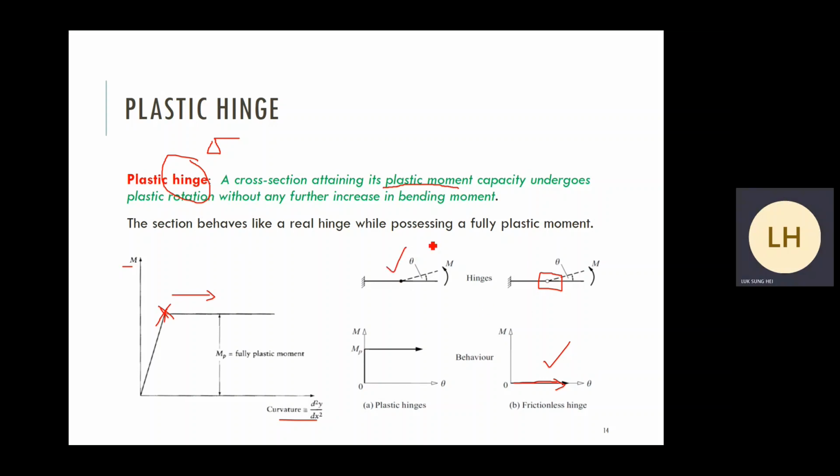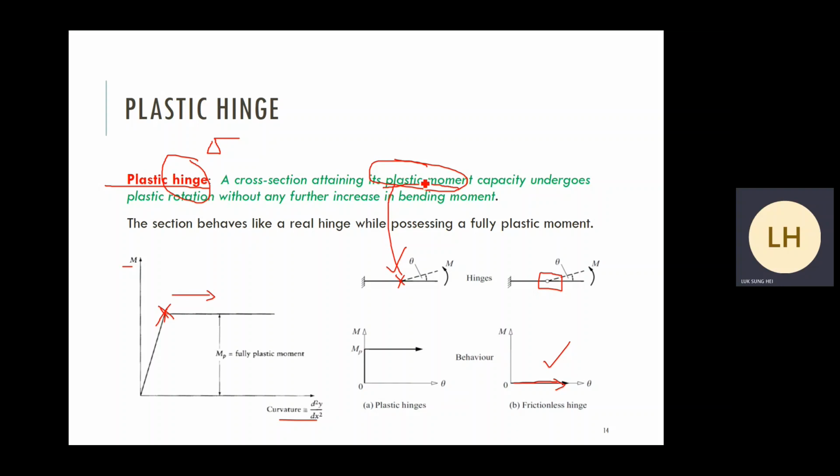At the beginning, the member is not free to rotate because everything remains elastic. Remaining elastic means we have stiffness, we have resistance against the motion. But when a plastic hinge forms, plastic hinge means fully plastic conditions. When one particular cross section, for example here, is in fully plastic conditions, the whole section has yielded.